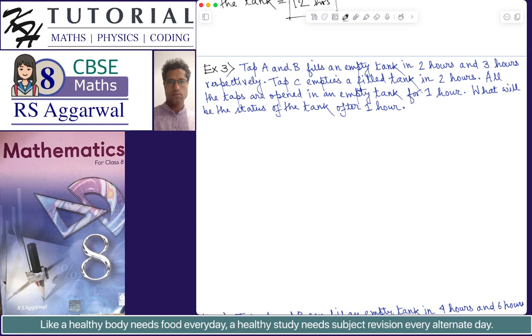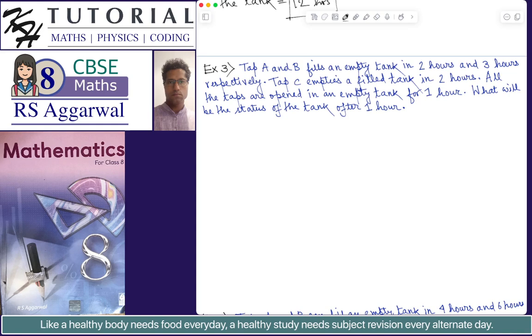By status it means what part of the tank will be filled with water, or whether it will be completely filled, or if not completely filled, then what part will be filled, if at all water is being filled.